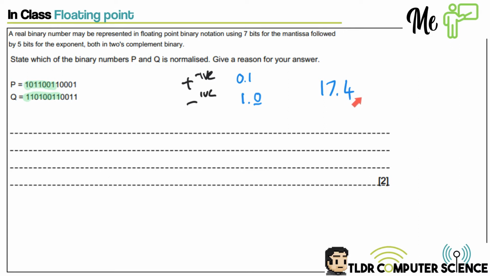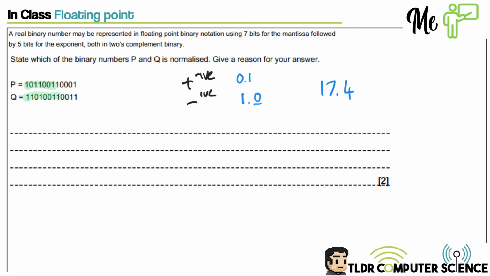Bigger. If the mantissa becomes bigger, what will have to happen to the exponent? Smaller. So if you move the point there to make it normalized, I'd have to add in a 0 on this side, and because I've moved it 1 to the right, making the mantissa bigger, I have to take away 1 from the exponent.